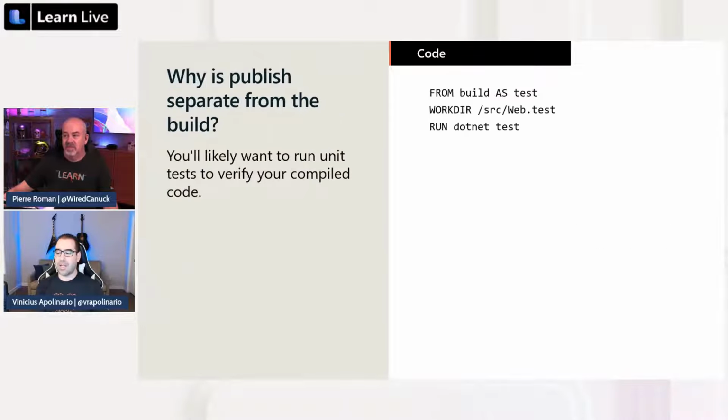The advantage is, if the test fails, I don't need to go to the next stage for publishing, because I just wanted to check if the test passes or not. If it passes, great, I can continue later with the publishing process. If it doesn't, then I didn't have to wait for the publishing process before running the test.